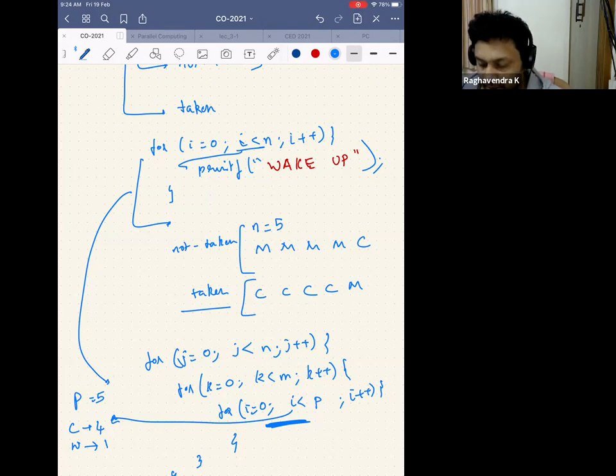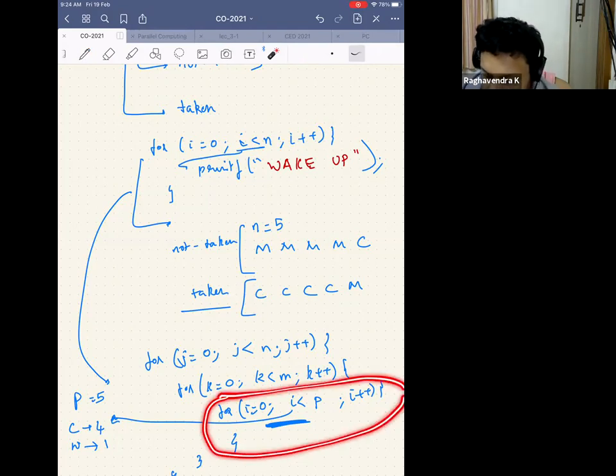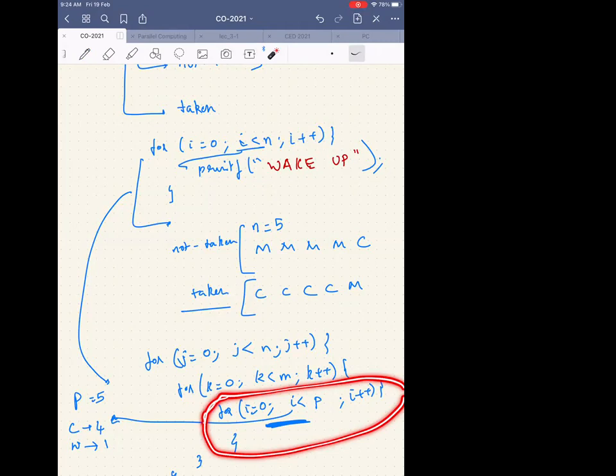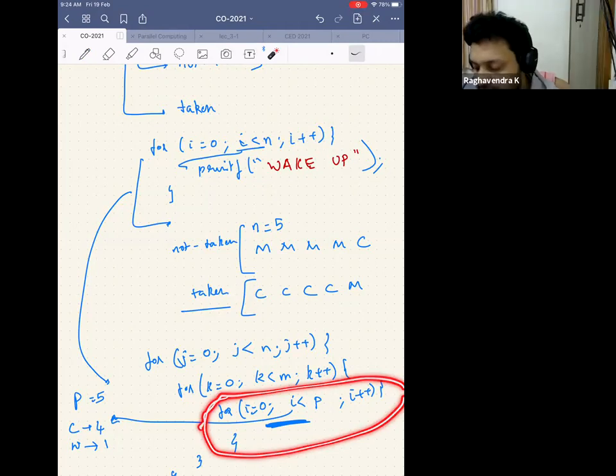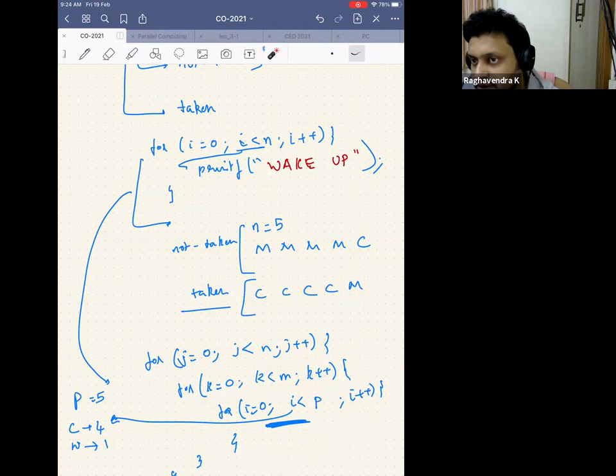But how many times is this branch completely executed? m times n times. This m and n can be huge. Let's say m is 1000 and n is 1 million. You are easily touching 1 billion, so this is the scale of the numbers.